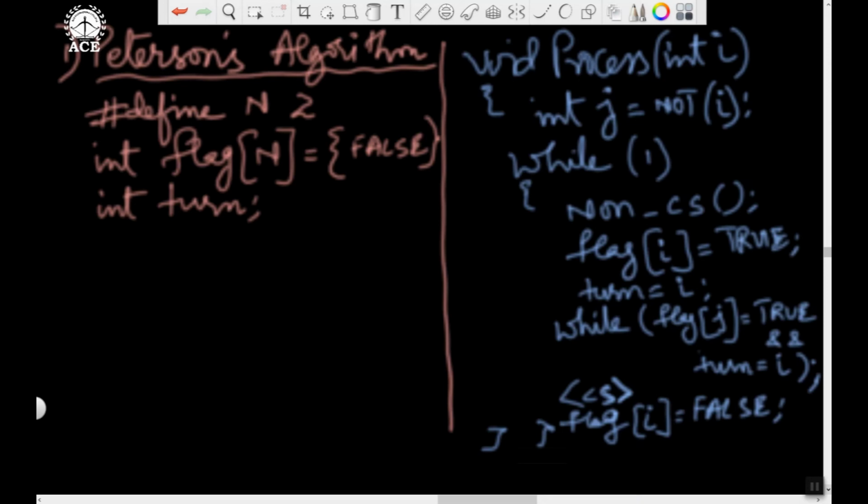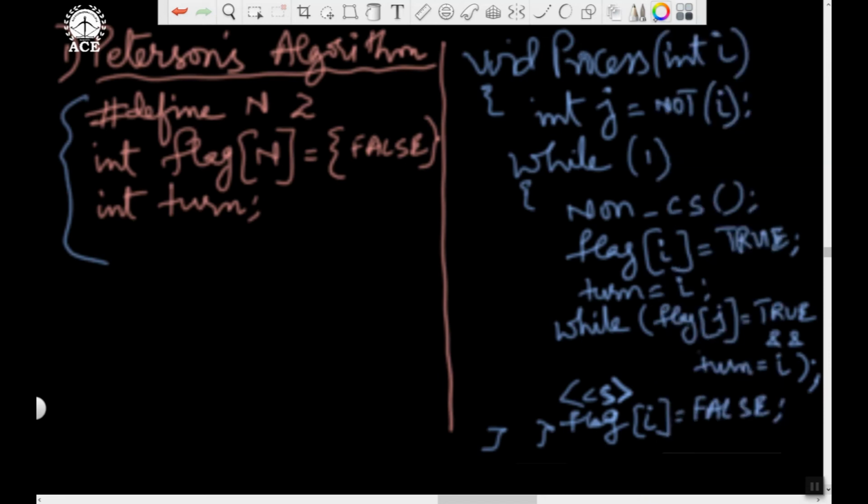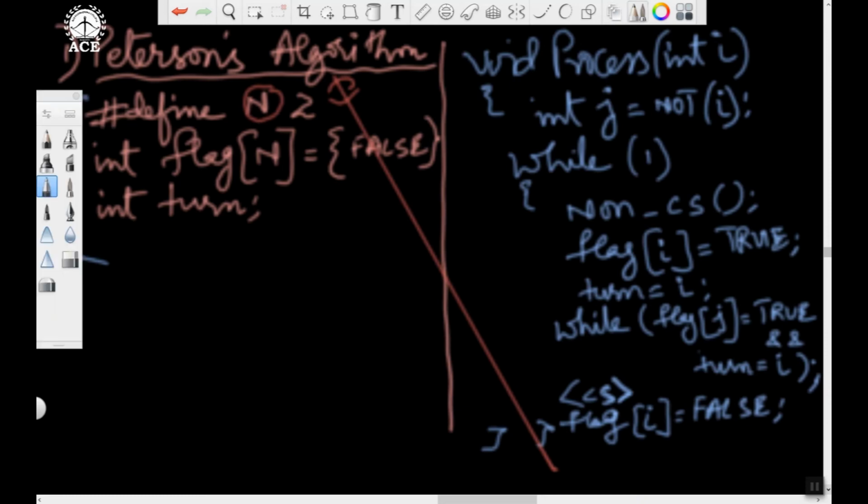Okay, so here are the data structures of the Peterson algorithm. What are the data structures? Let us review one by one. Define n. This n indicates the number of processes. So this is defined for only two processes.